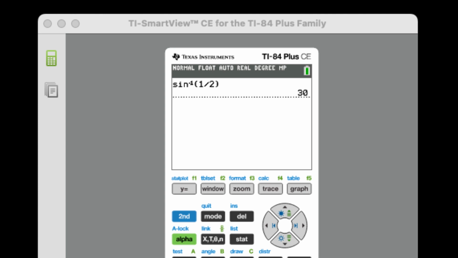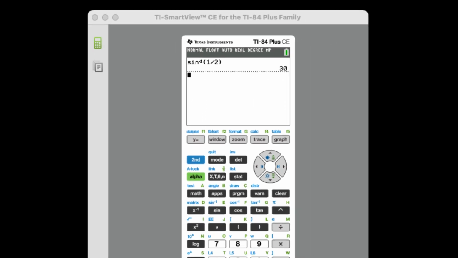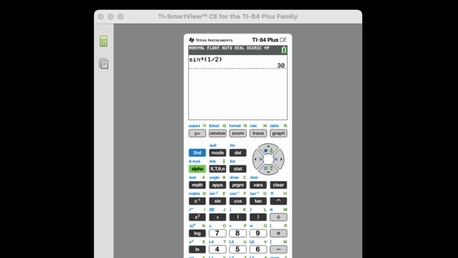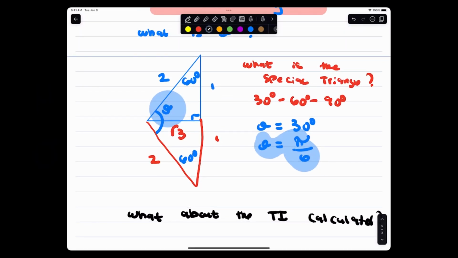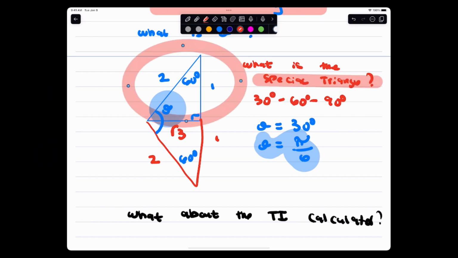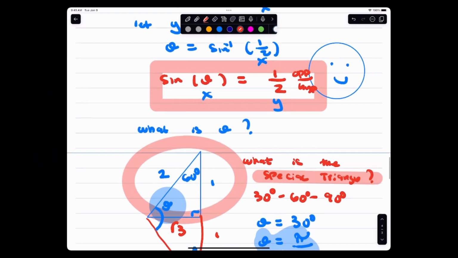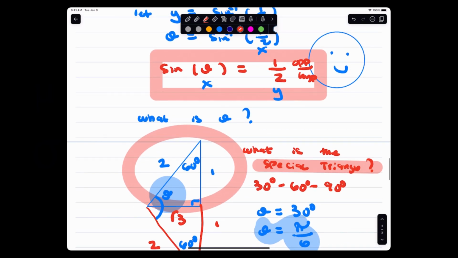Now, I'm not saying for you guys to do this. What I'm saying really is they're going to give you other questions where it's not a special triangle. When you have special triangles, I want you to go back and remember the definition of sine and your special triangle, like you did here.